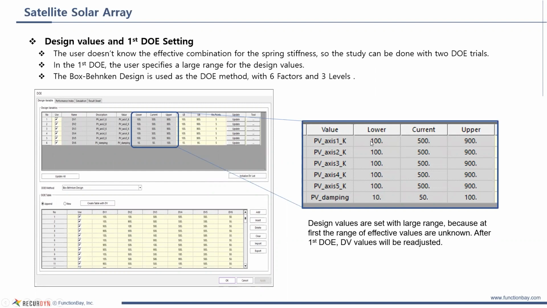There's a lower value of 100 for the stiffness and an upper value of 900 used for all 5 stiffness values, and similarly a large range for the damping. The DOE method selected here is the Box-Behnken design.